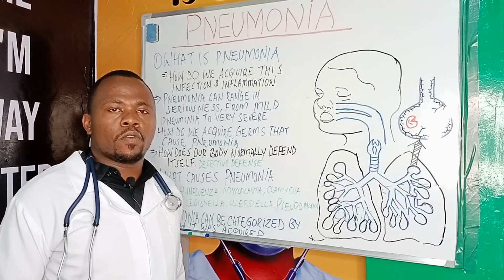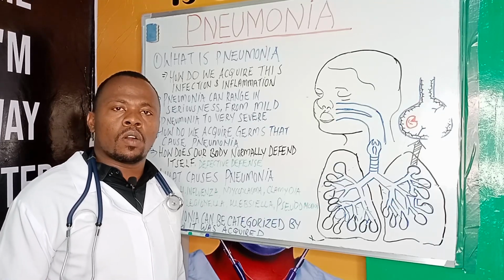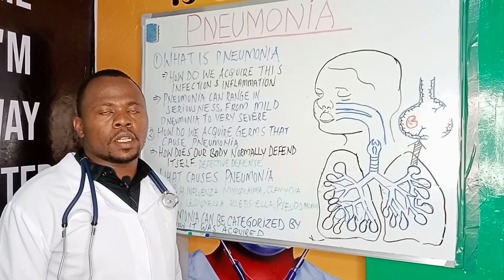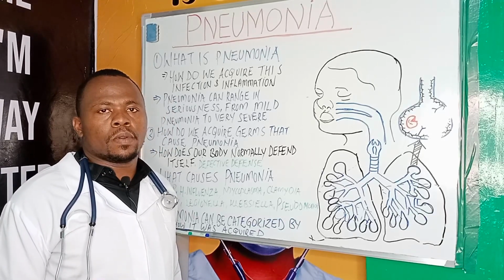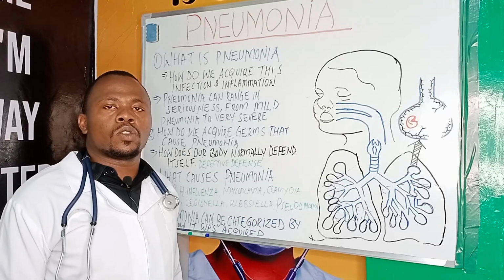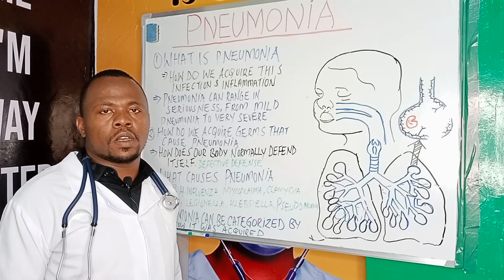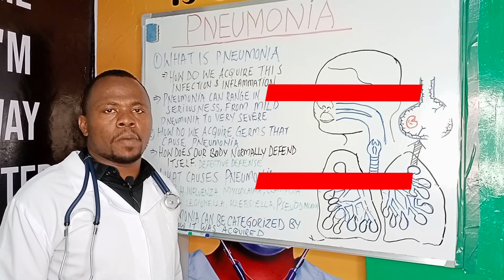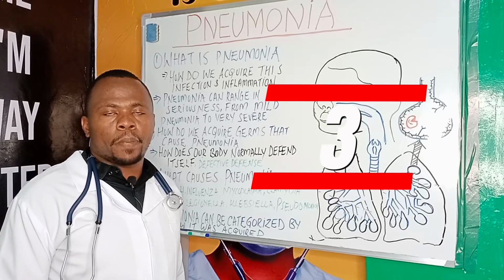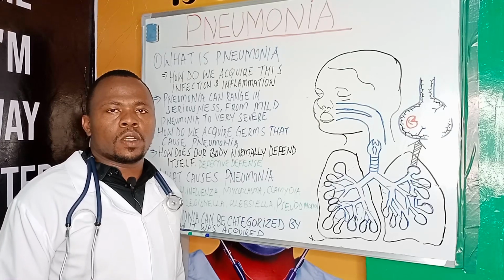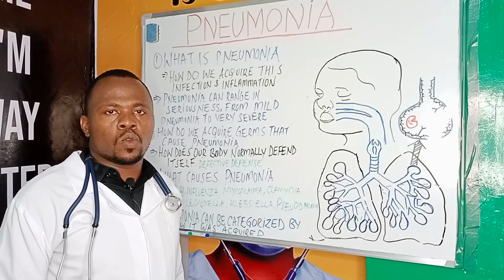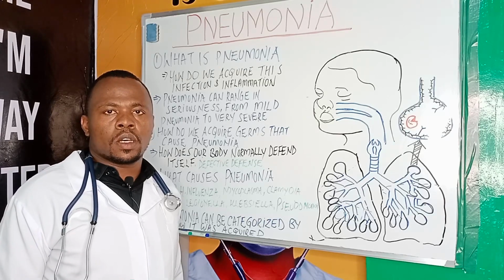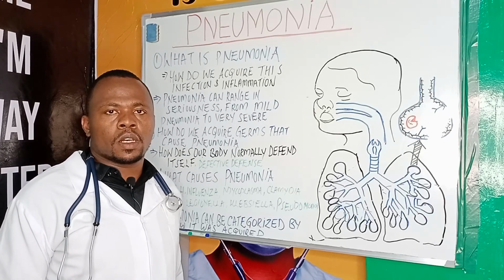Aspiration is when food or fluid or saliva or vomitus may enter into the wrong pipe. These may cause you to cough, and sometimes this cough reflex is altered. And number three, we have blood spread. Blood spread of pneumonia mostly occurs in those patients who inject themselves with abused substances like cocaine.